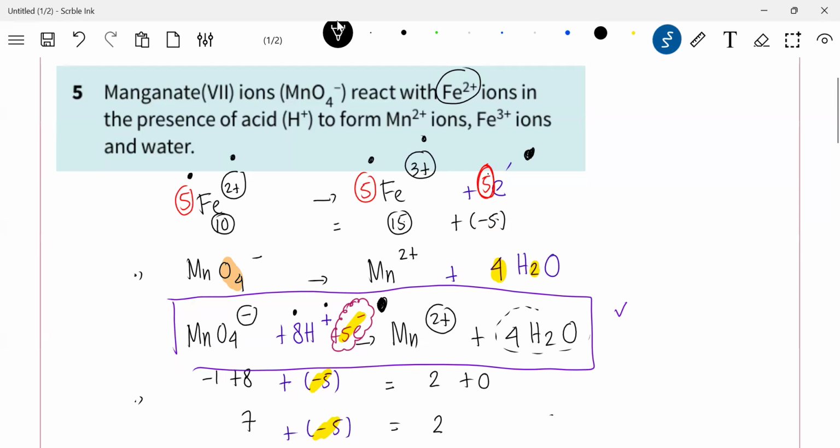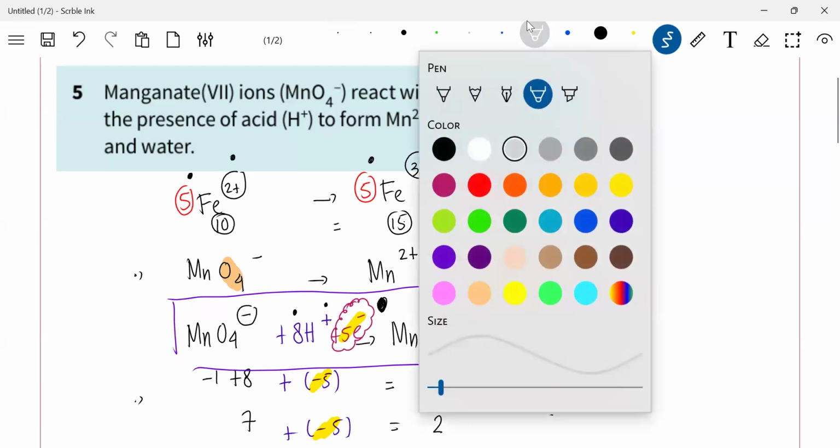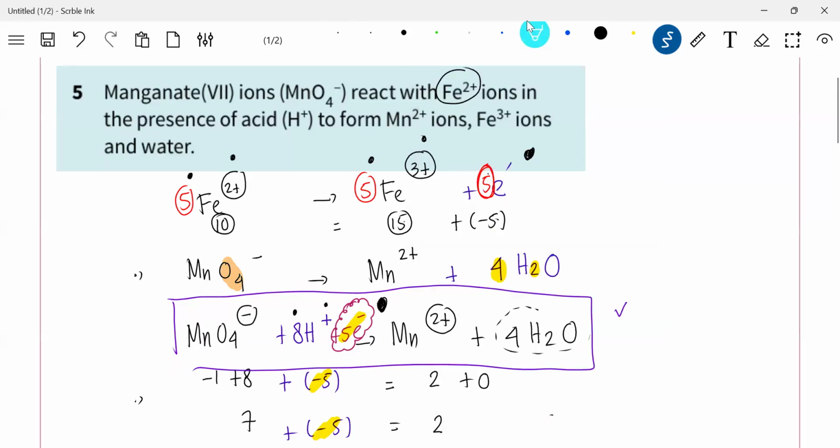The charge is also balanced. So you understand why we times with 5? Because we have the same coefficient. This is 5, this is 5, this is 5, the same also with this 5. Understand, Adiva? Any questions?